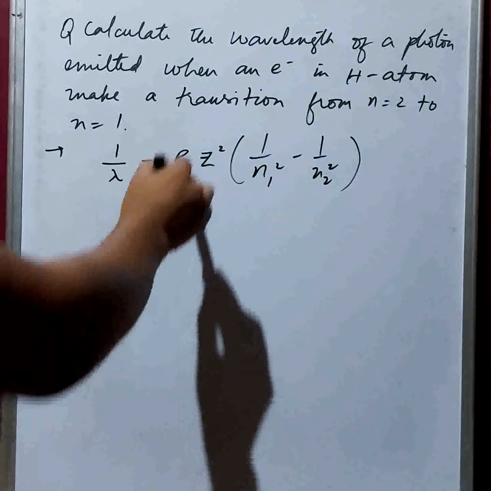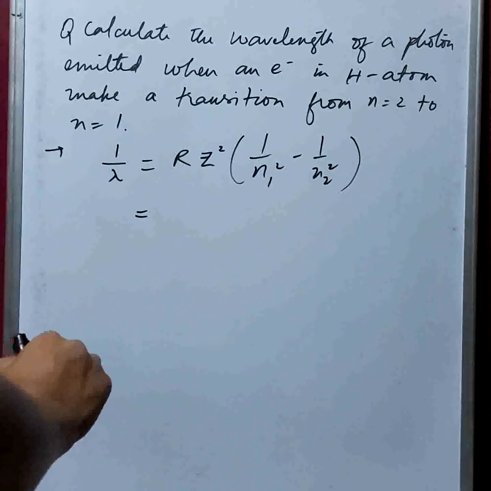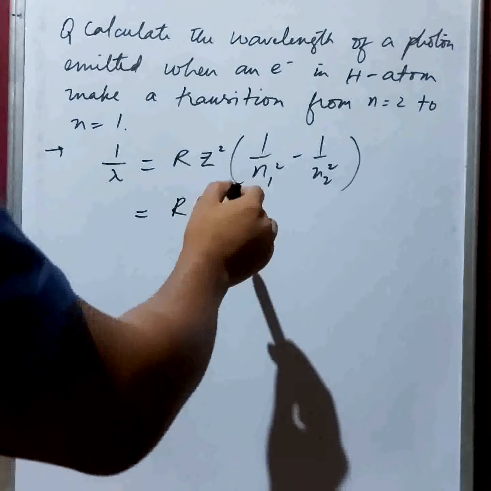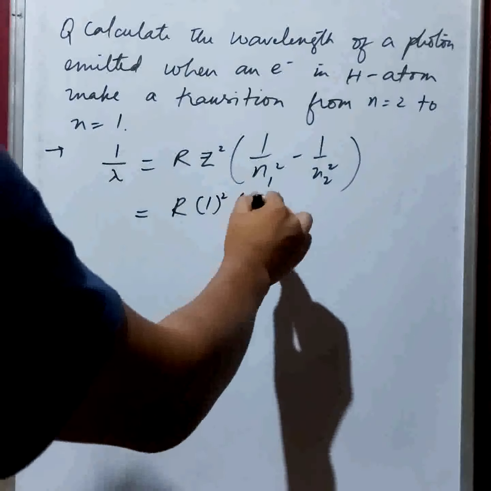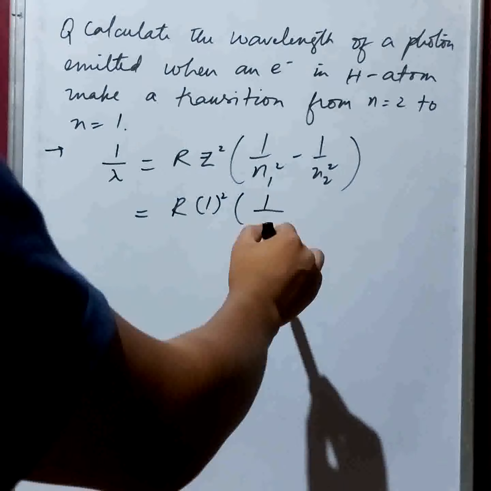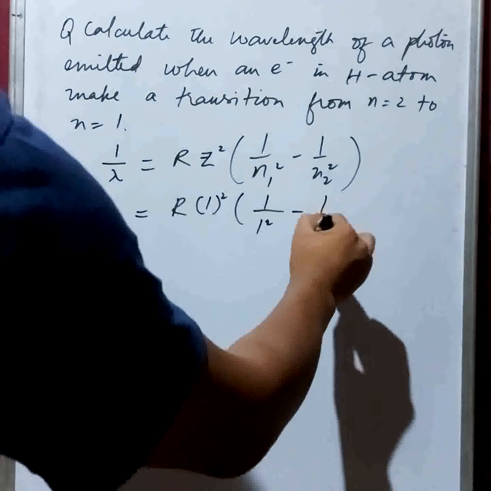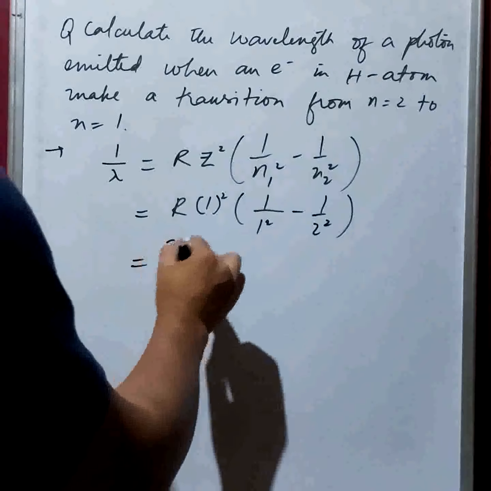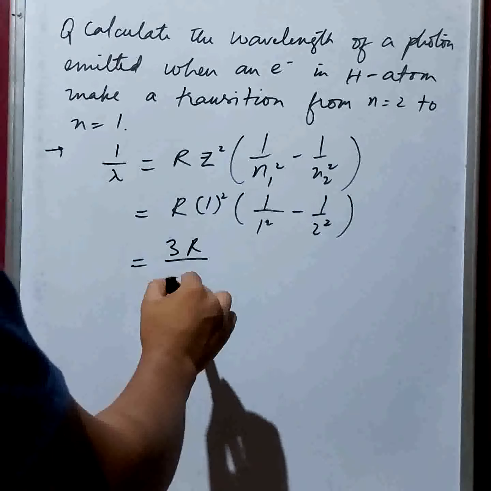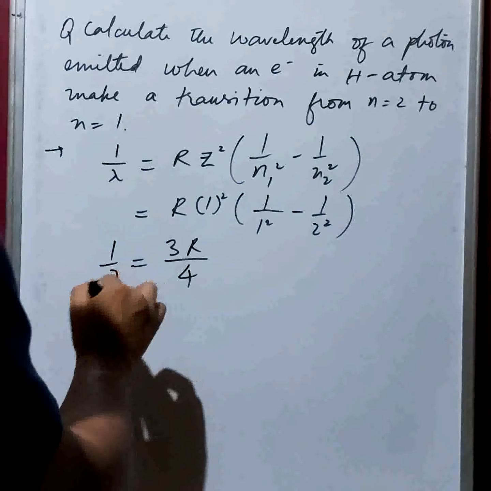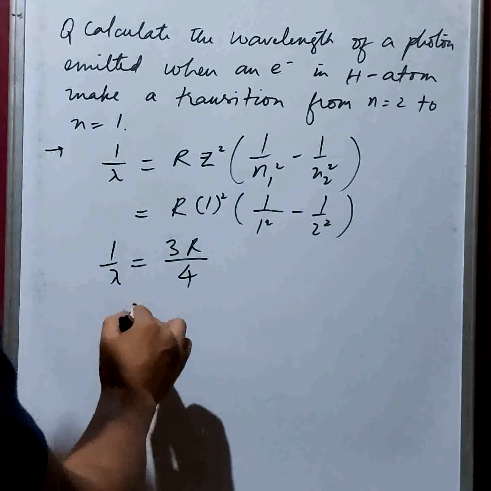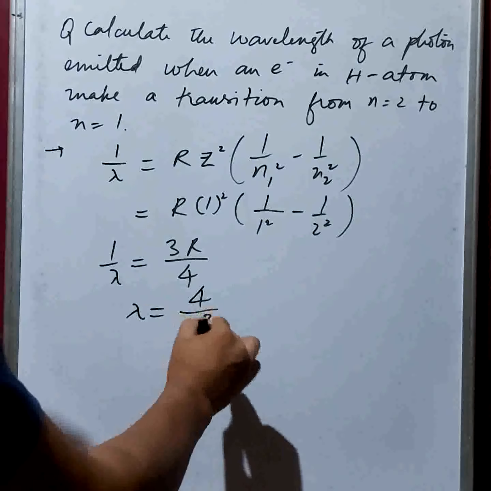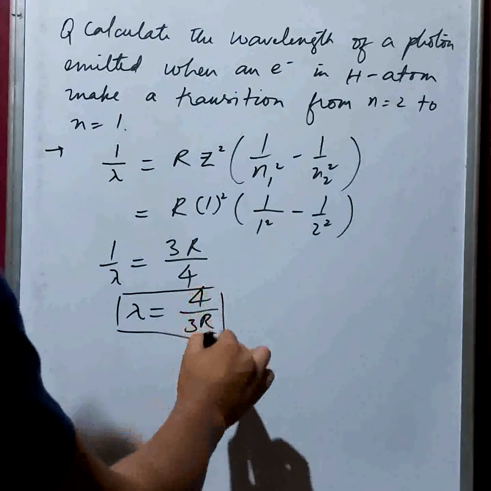R is the Rydberg constant, and the atomic number of hydrogen is 1, so R into 1 squared over 1 by 1 squared minus 1 by 2 squared. So 3R over 4 equals 1 by lambda. So lambda is equal to 4 by 3R. This is our solution.